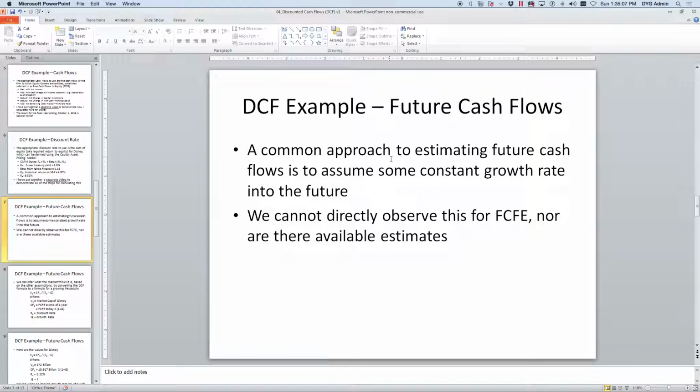Now, we still need the future cash flows. One of the most common things that people do in terms of future cash flows is they just take whatever the current cash flow is and then assume that it'll grow at some constant rate into the future. It's convenient and mathematically easy to handle, but we still don't know what that growth rate would be. And there's generally not a lot of good sources for it.